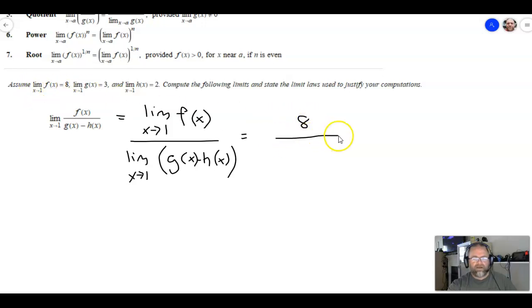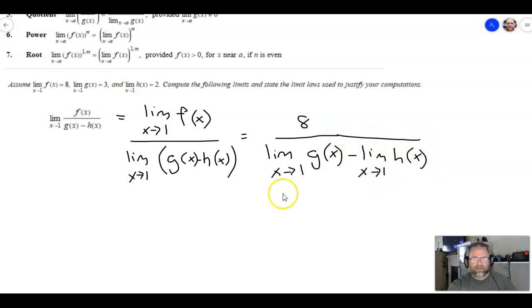And the bottom now, we can break that up into the difference of individual limits. So the limit as x approaches 1 of g of x minus the limit as x approaches 1 of h of x.